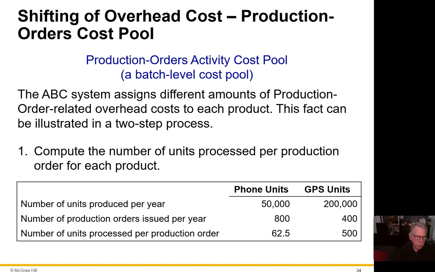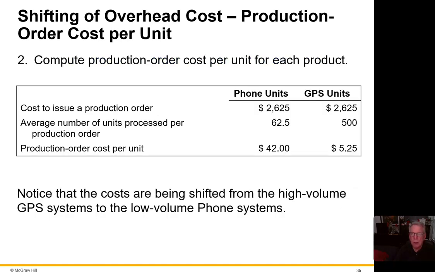Okay, let's see how that arithmetic spills out. Here, the cost of a production order is expensive, $2,625. Then the average number of units processed per production order is 62.5 for the phone. And for GPS, we get a whole bunch more, 500.